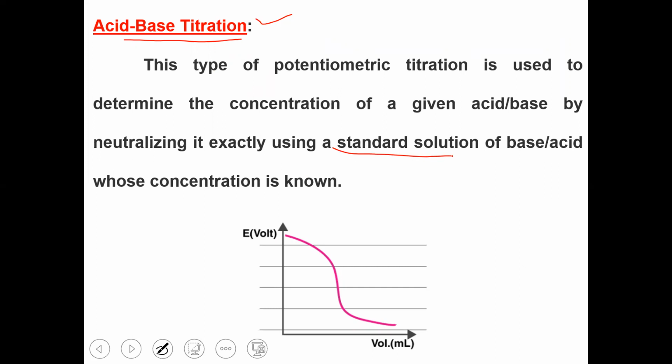A standard solution means we know its concentration. By using the known concentration of one of the acid or base, we can easily find the concentration of the unknown acid or base, and find the endpoint using the potentiometer.